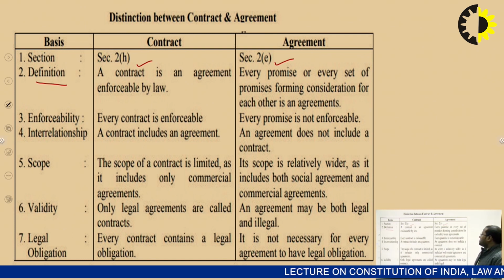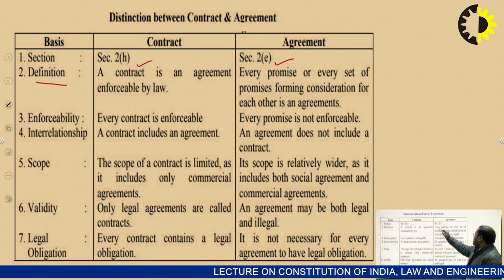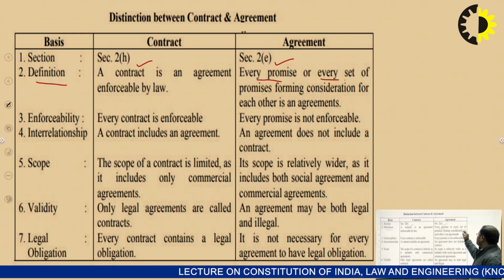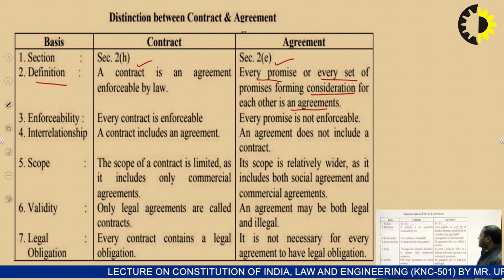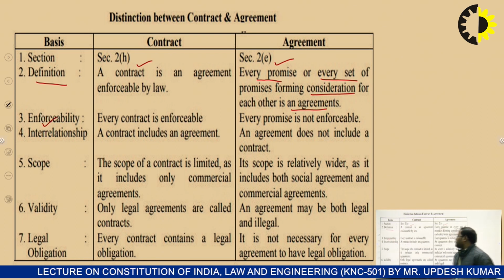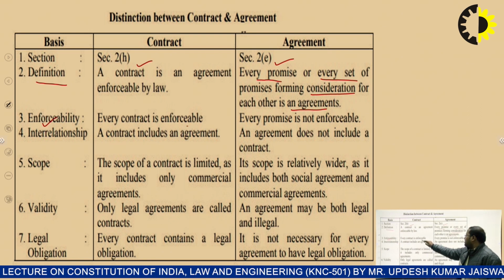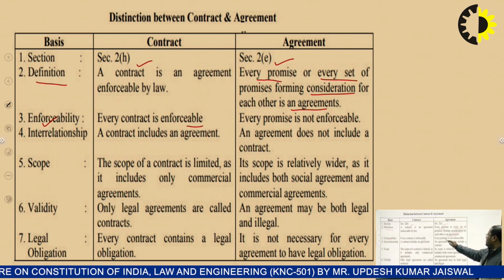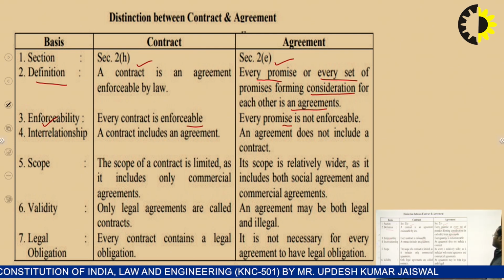A contract is an agreement enforceable by law. Every promise or every set of promises forming consideration for each other is an agreement. Enforceability, the third basis: every contract is enforceable. In case of agreement, every promise is not enforceable.